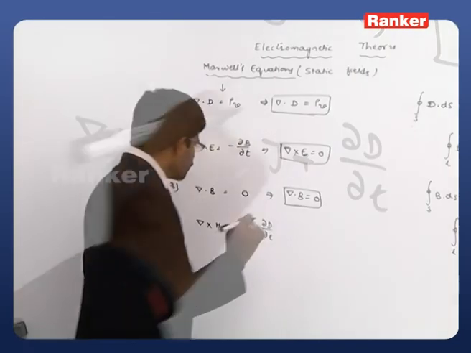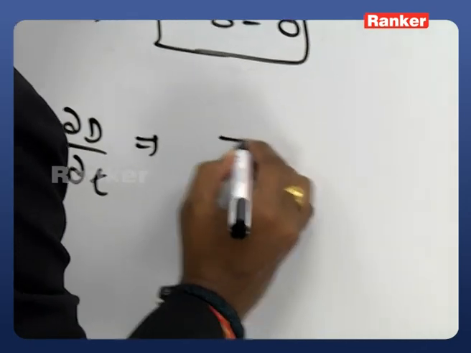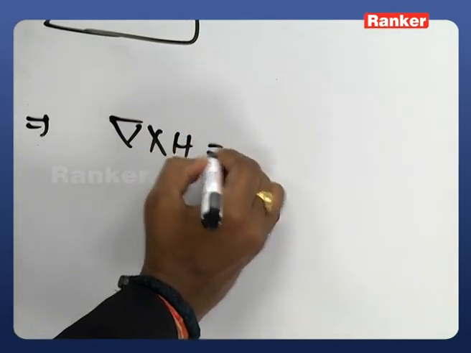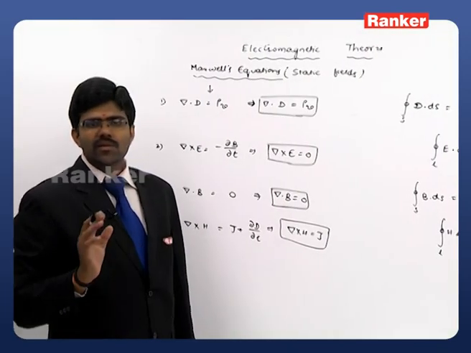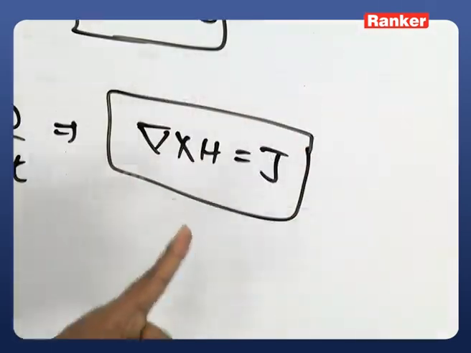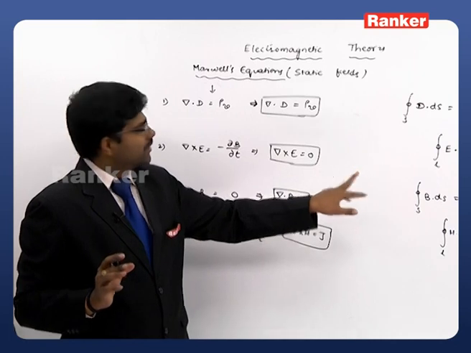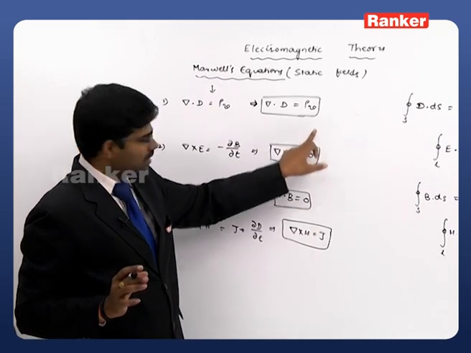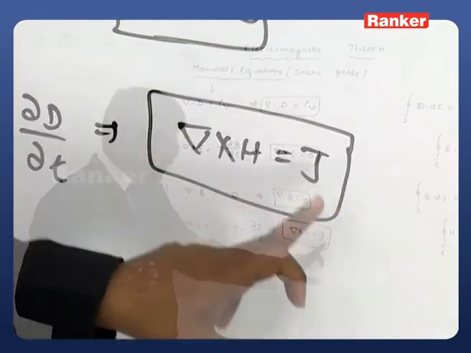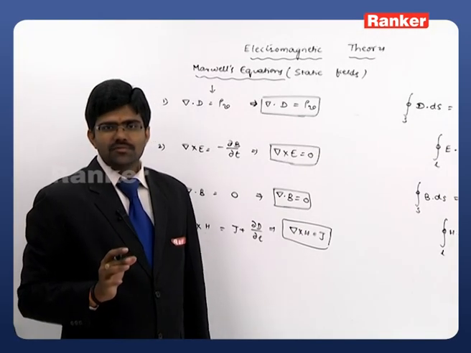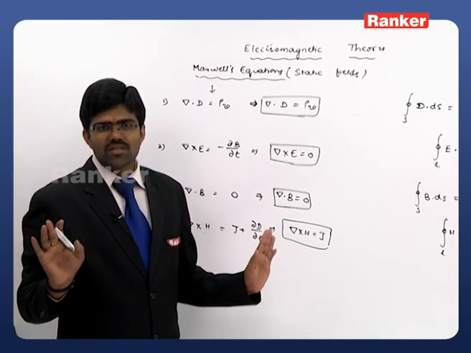If you make it equal to 0, then the equation we have is del cross H is equal to J. Once again clearly remember, these four equations we already derived, and the names will be unaltered: this is Gauss law for electrostatics, Gauss law for magnetostatics, this is simply Faraday's law, and this is Ampere's law, without any modification, right?